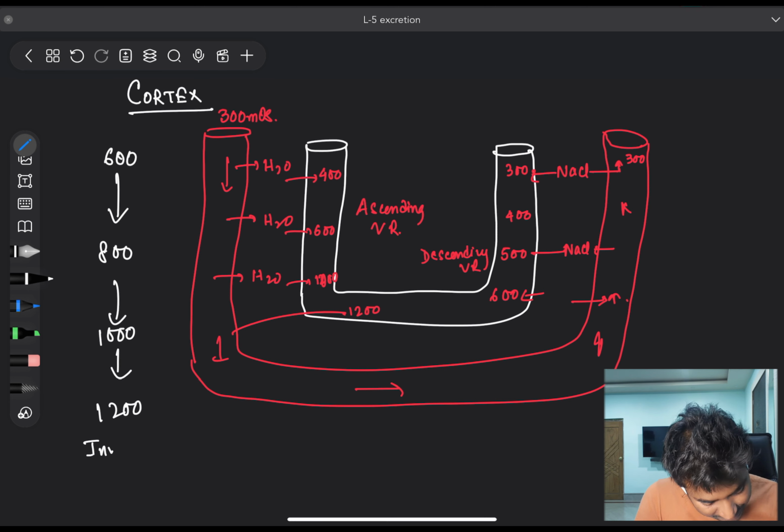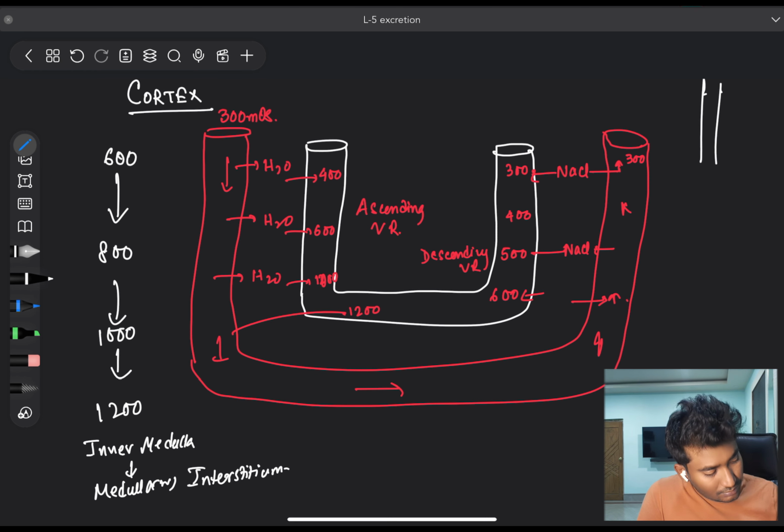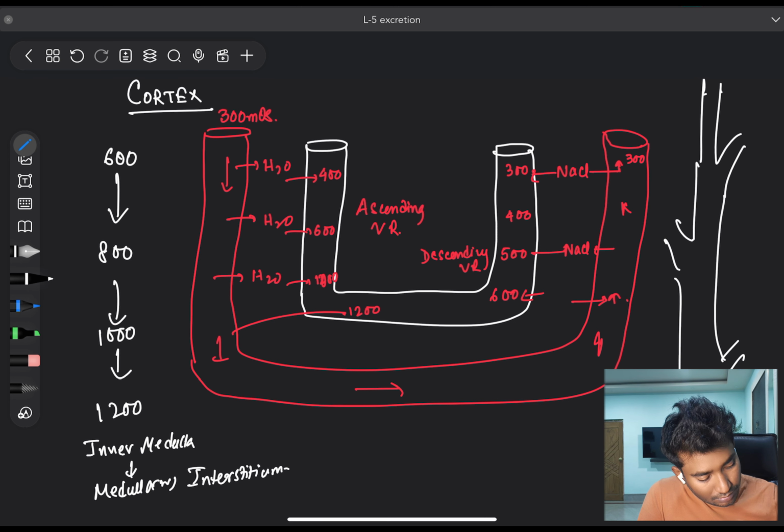It is the inner medulla. I drew this yesterday also. It is the inner medulla, and later that is the medullary interstitium. Now here it's the collecting duct.